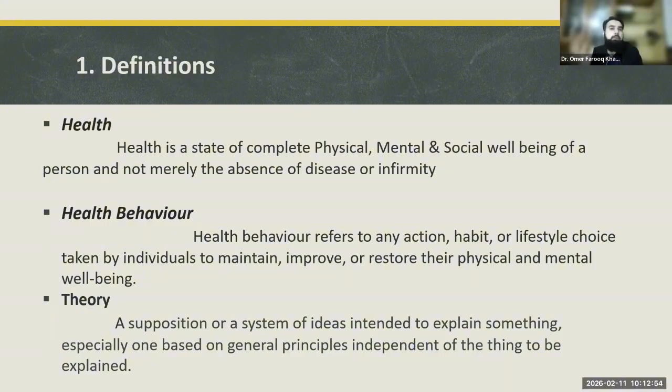Now, when we do not know this process, but we are theorizing that this might happen like that, that is forming a theory, a system of ideas about how it rains naturally. So a theory is a supposition or a system of ideas intended to explain something, for example, how it rains, especially one based on general principles independent of the thing to be explained.